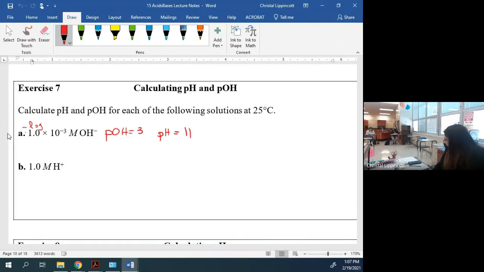Are you able to get that on your calculator? If you take the negative log of the OH concentration, that will give you your POH. So negative log button, and then you type this in.